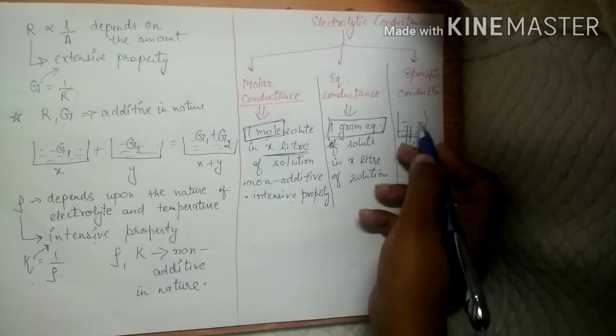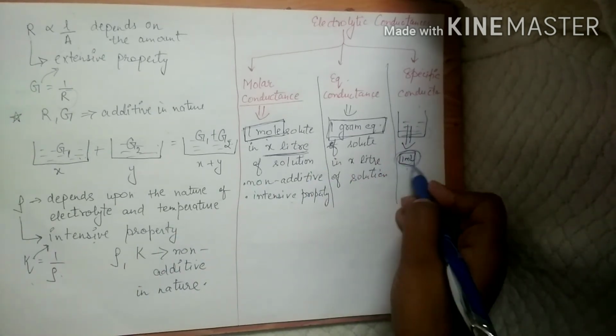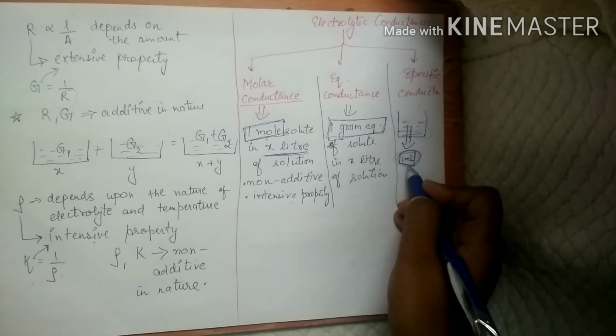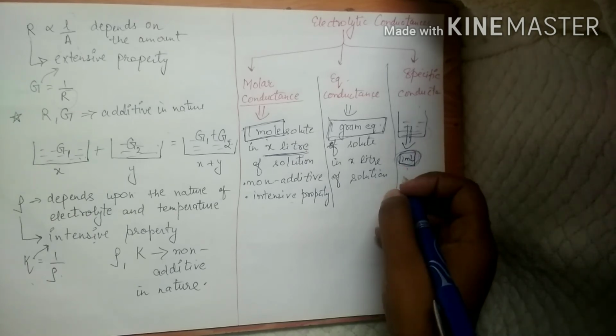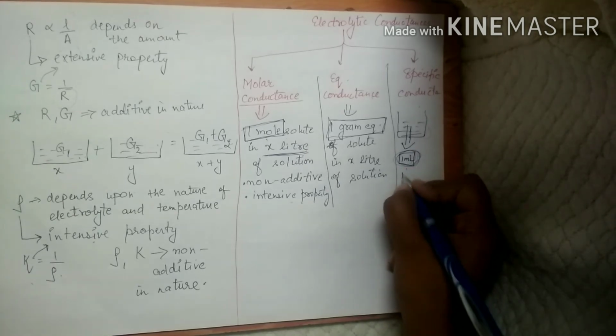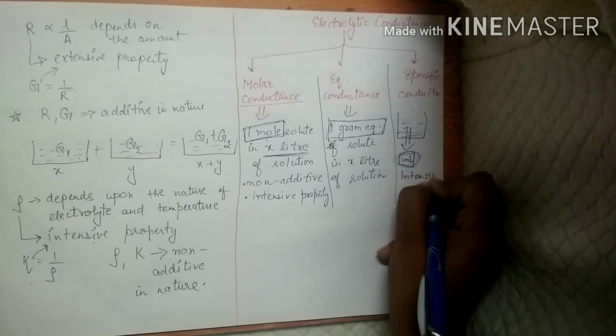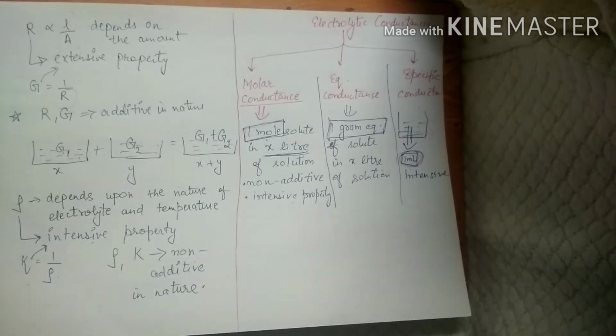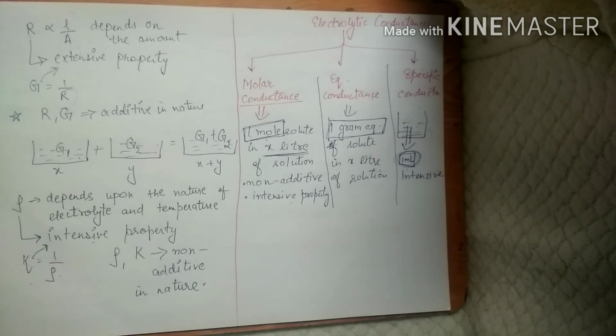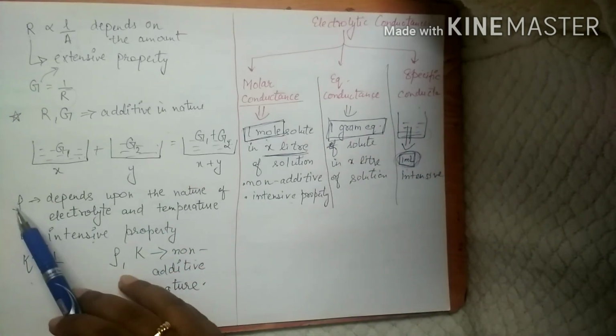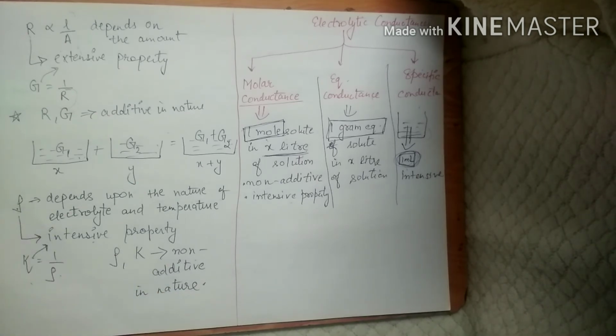The volume we have specified. So it is also going to be intensive in nature and hence it will also be non-additive. So kappa is also dependent on your nature and your temperature, just like the case of rho, just like the case of resistivity. So these are about the properties of all these conductances.